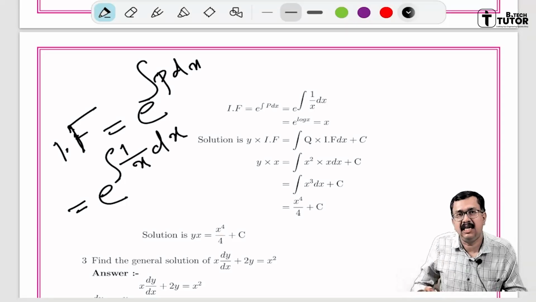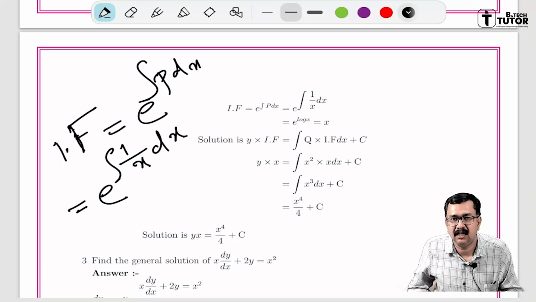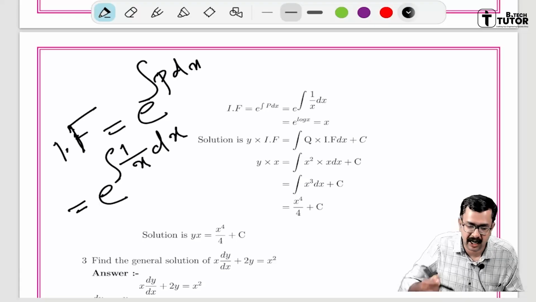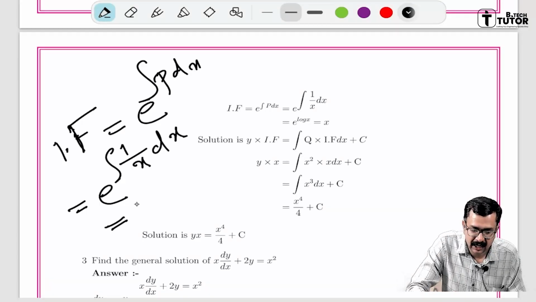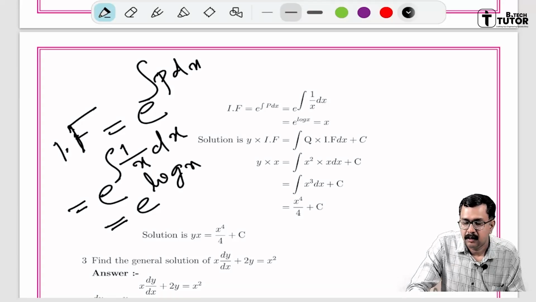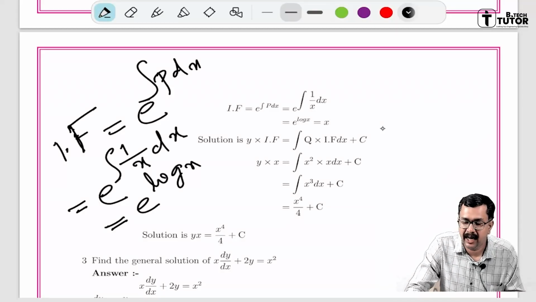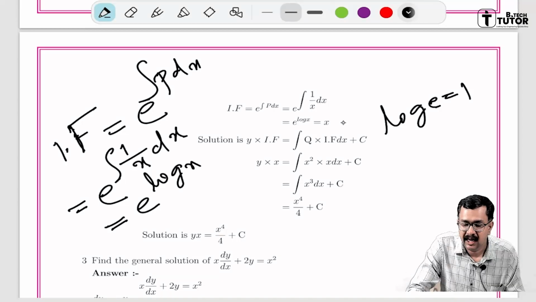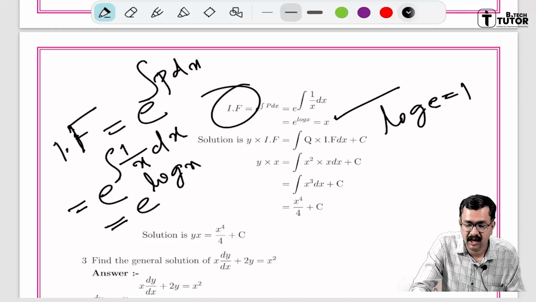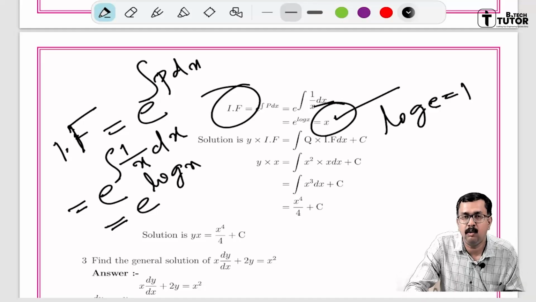What is the integral of 1 by x dx? The answer is log x. That is e raised to log x. What is e raised to log x? It is x log e. We know that log e equal to 1. Therefore, x into log e is equal to x. Therefore, we get IF equal to x.